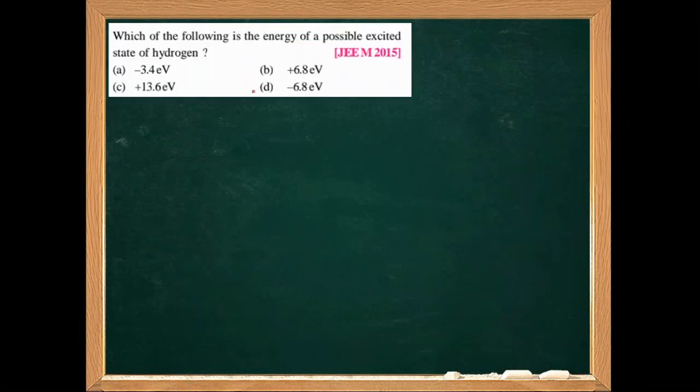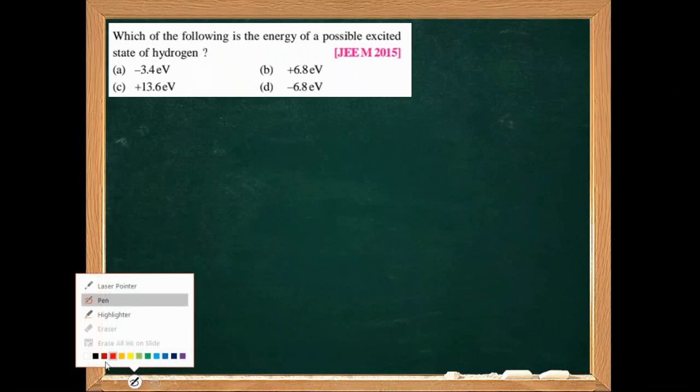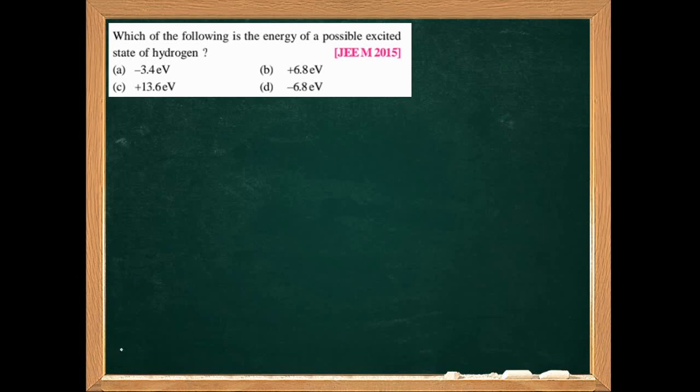Okay, next. Which of the following is the energy of a possible excited state of hydrogen? For hydrogen, the general equation is energy equals minus 13.6 upon n square.